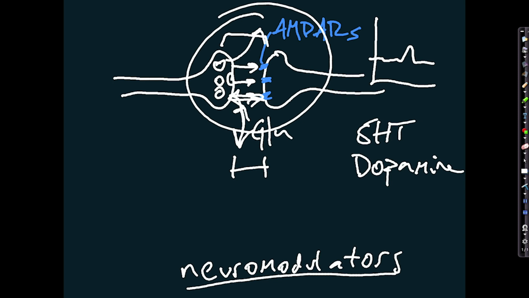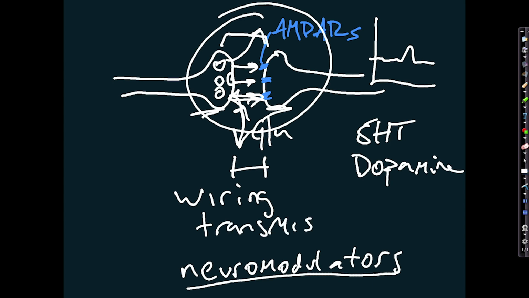You want it to be a tight one-to-one connection between the presynapse and the postsynapse. And sometimes I like to refer to this, as do others, as wiring transmission, because it's the basis for the wiring of the brain, right? These synapses form the connectivity of the brain.